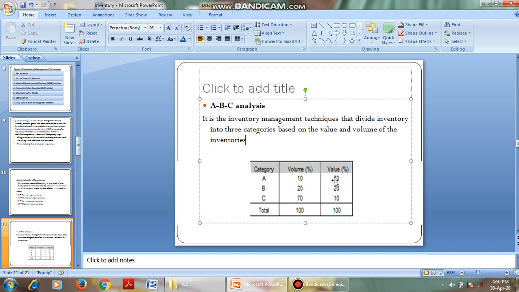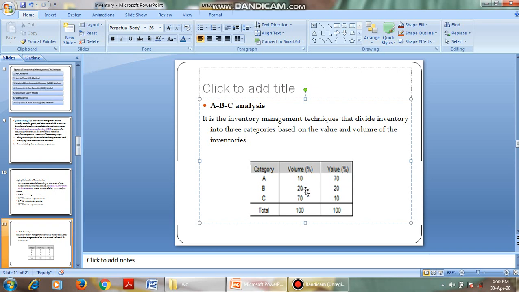For example, in our house we have different materials. Some materials have high value, but the volume is less. For example, diamond. Diamond is very small in size, but its value is high. Diamond volume is less, value is high. That is, volume is 10%, value is 70%.